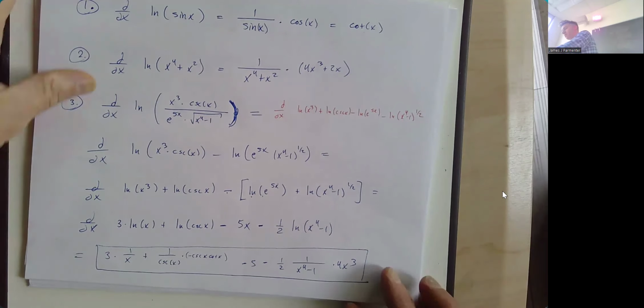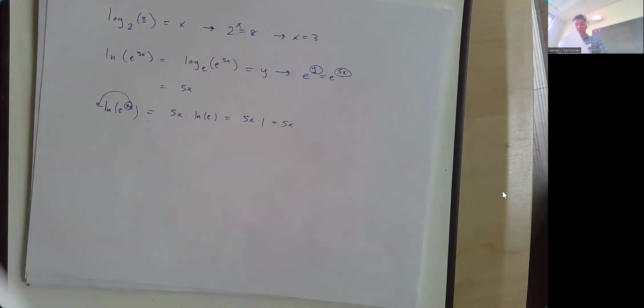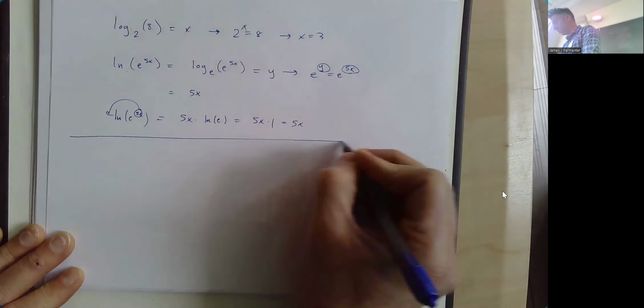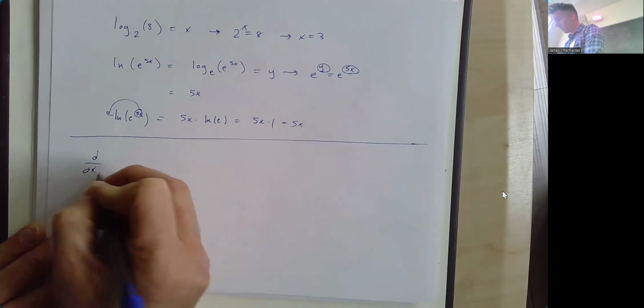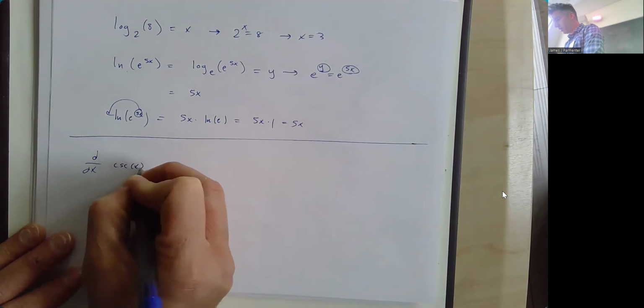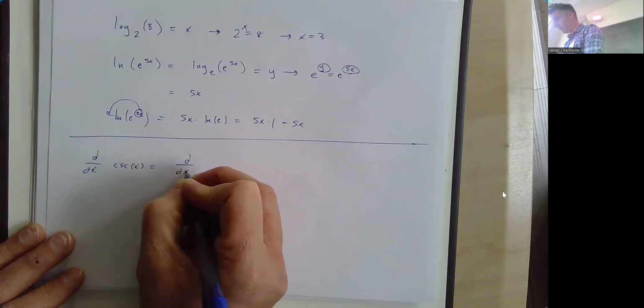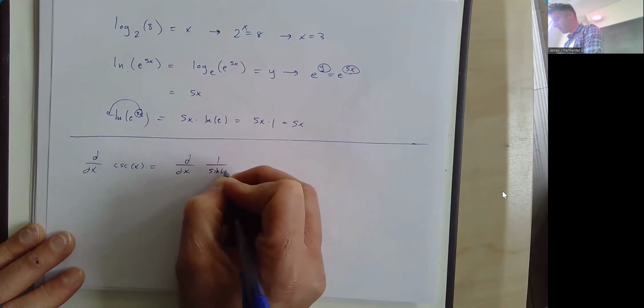And the way we find that, I don't want to go through all the trig derivatives right now because we have talked about them at some length, but I'll remind you of this one. Derivative of cosecant of x, we can write as the derivative of the reciprocal of sine of x.